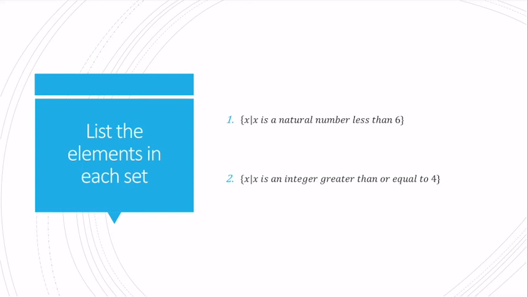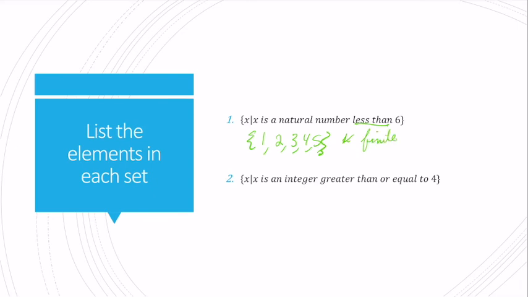So let's list all the elements in each of these sets. If I have x as a natural number less than 6, the natural numbers start with 1. So I've got 1, 2, 3, 4, 5. That's it, because it's less than, not less than or equal to. This is a finite set.